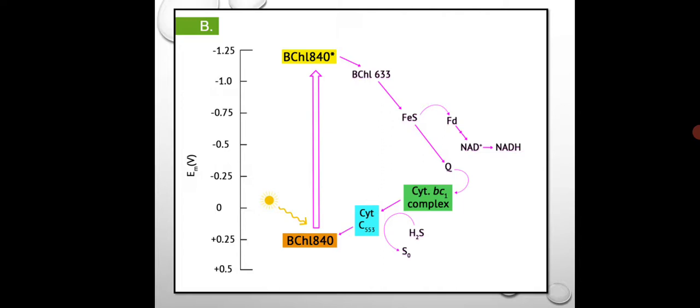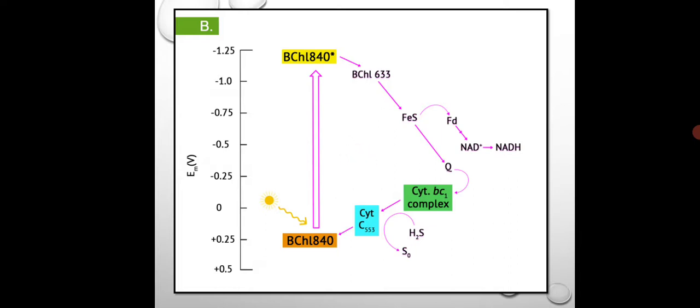Now here comes the actual mechanism of how electrons flow in the green bacteria. First of all, it is the light reaction, so it takes place in the presence of light. As we showed in our previous lecture, light is harvested through the antenna pigment. The same mechanism is there, just with a change in the components.